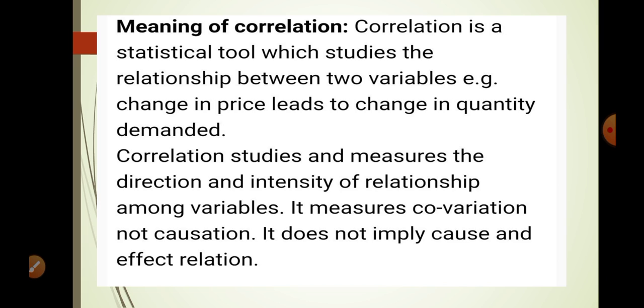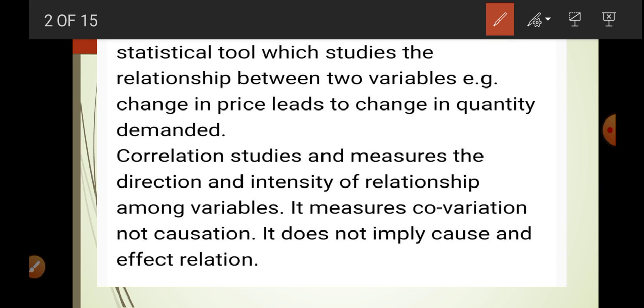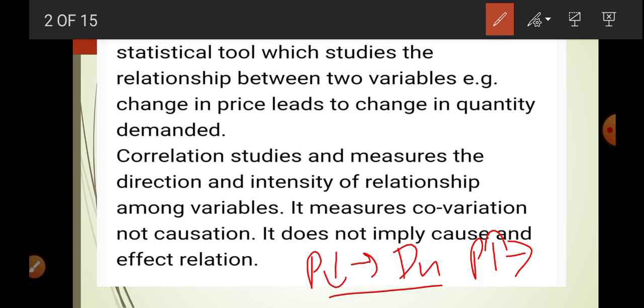Okay, students, whenever price decreases, consumers start to consume more. If price increases, consumers start to consume less. So this is the relation between two variables, and this is explained through correlation.